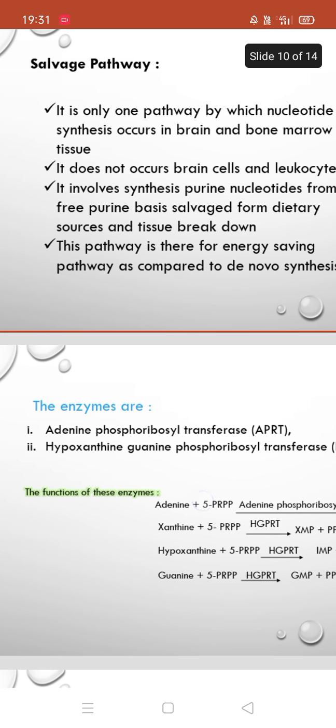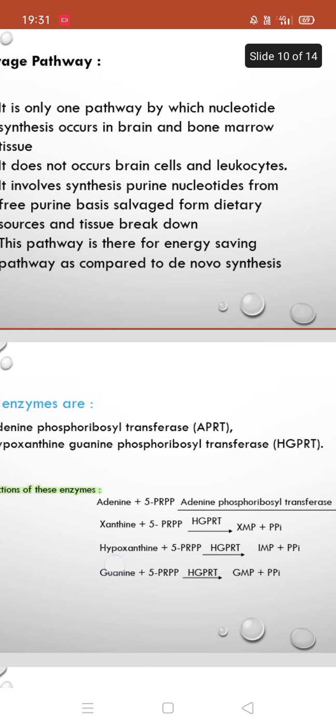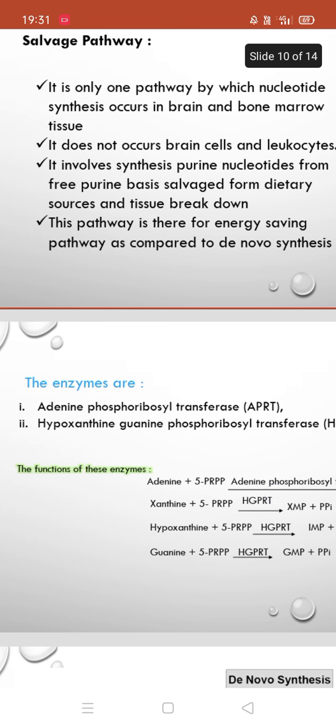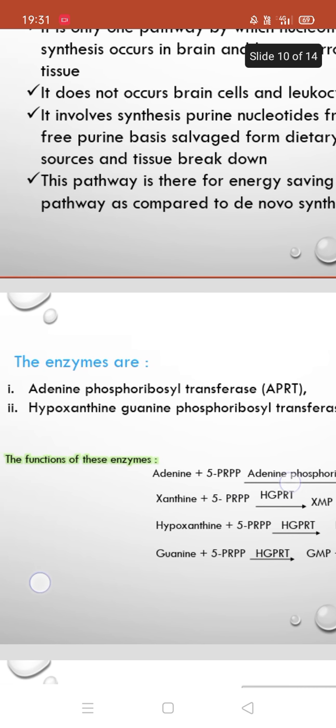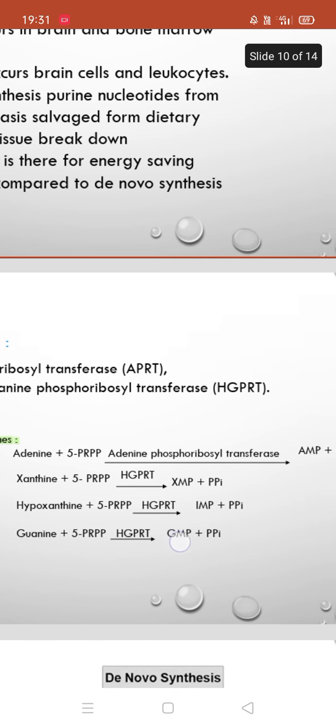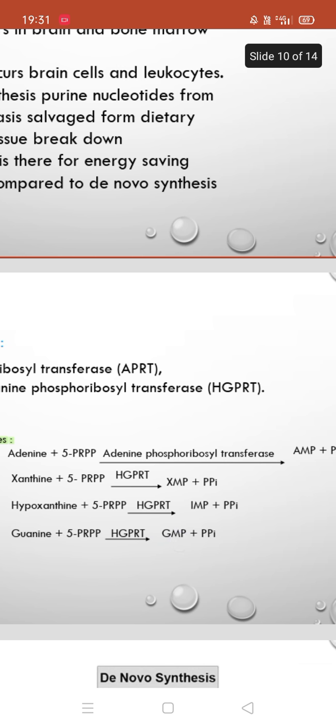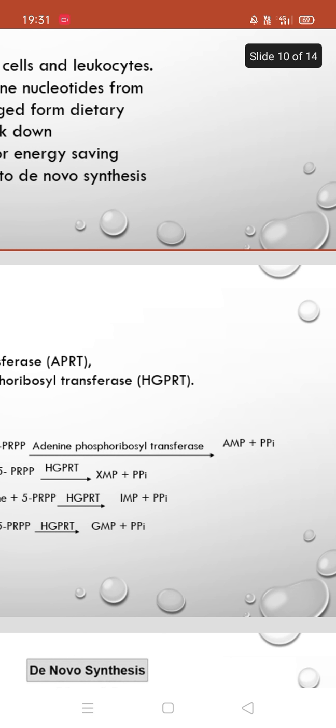The enzymes of this pathway are adenine phosphoribosyl transferase, in short called APRT, and hypoxanthine guanine phosphoribosyl transferase, in short called HGPRT. The functions of these enzymes are as follows: adenine plus PRPP, with the enzyme adenine phosphoribosyl transferase, gives AMP plus PPi.